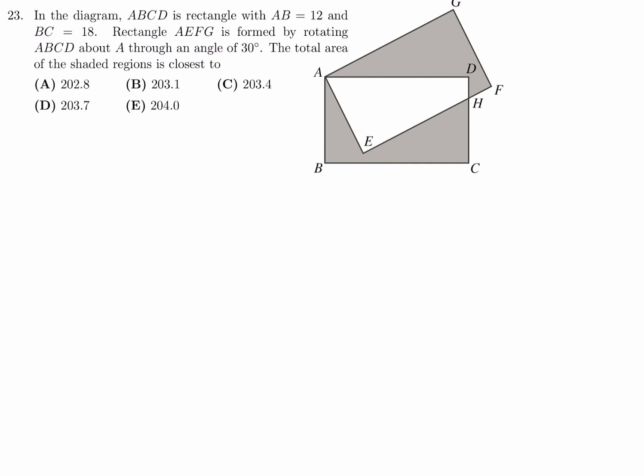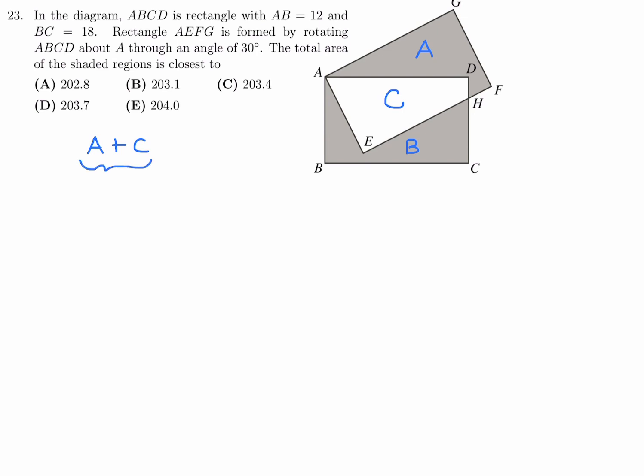First and foremost, I will let this shaded area here be A, this shaded area on the bottom be B, and this unshaded area be C. First look at A plus C. A plus C is essentially just the rectangle, correct?